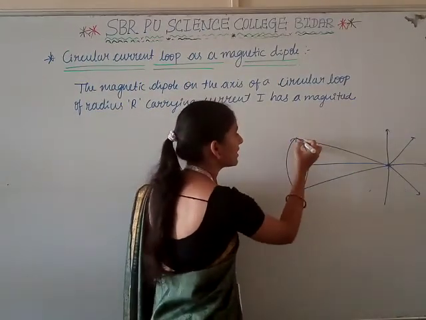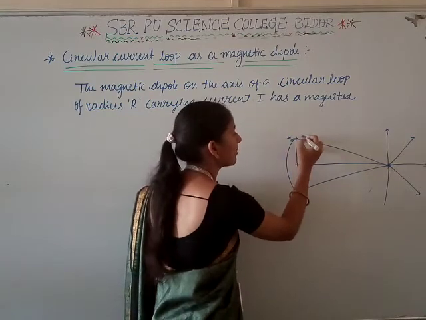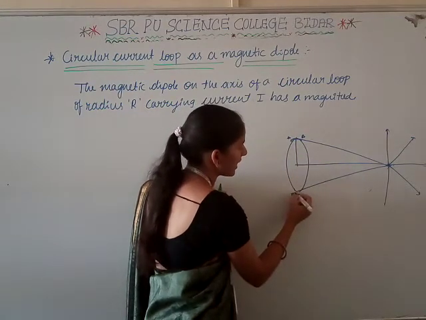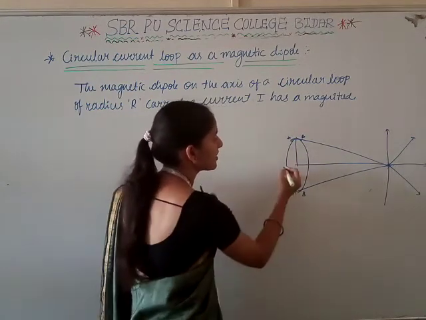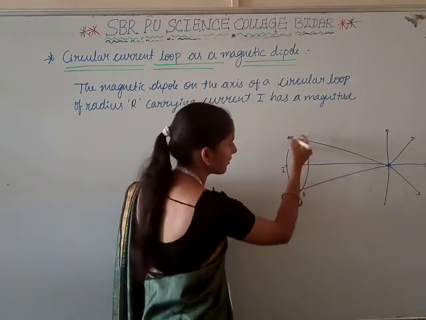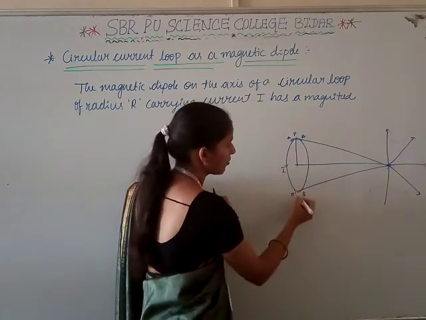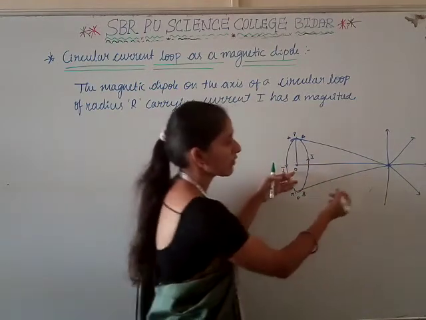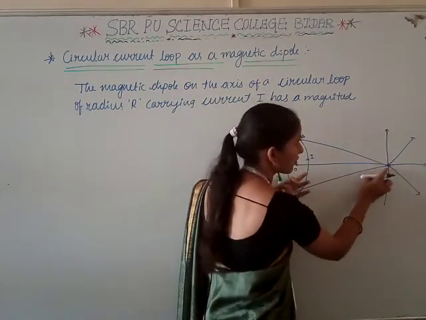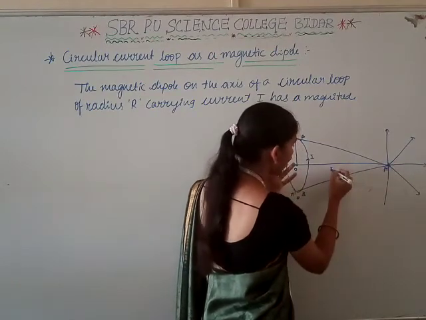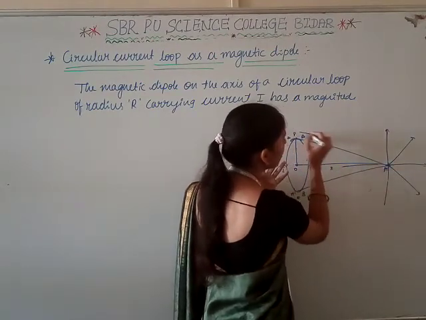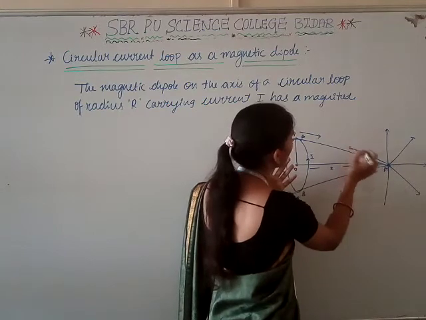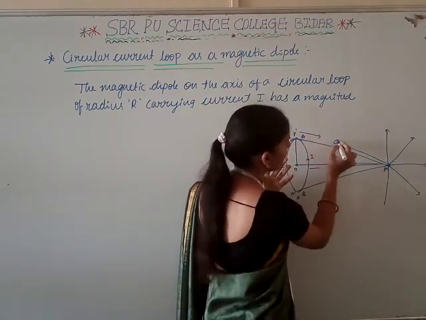Here we consider one element AB and this one A dash B dash, in which the current I is flowing from P to Q, where the distance from the center O to the point P is X, and the distance between point P and P dash is a.